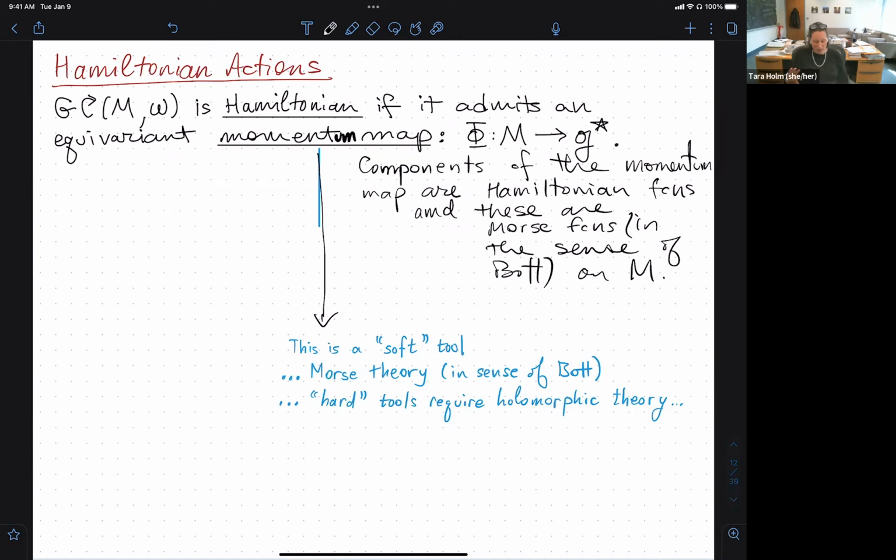And the two types of tools typically used in symplectic geometry are these soft tools, and on the other hand, hard tools that require the use of holomorphic curves, pseudo-holomorphic curves, and their generalizations. So that's a big picture description of the types of tools symplectic geometers use.